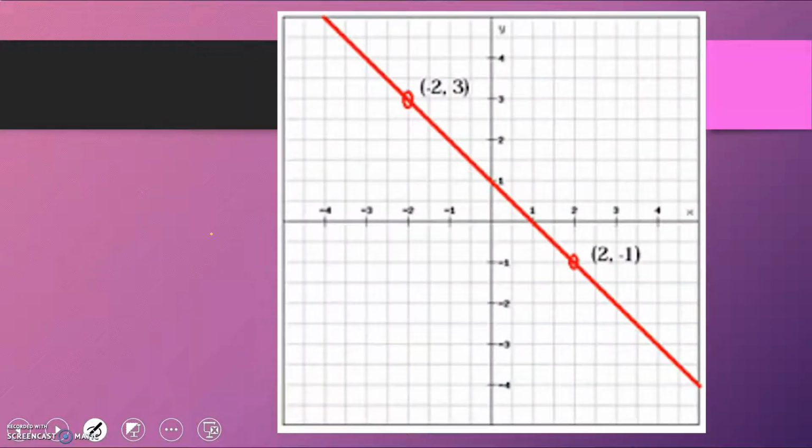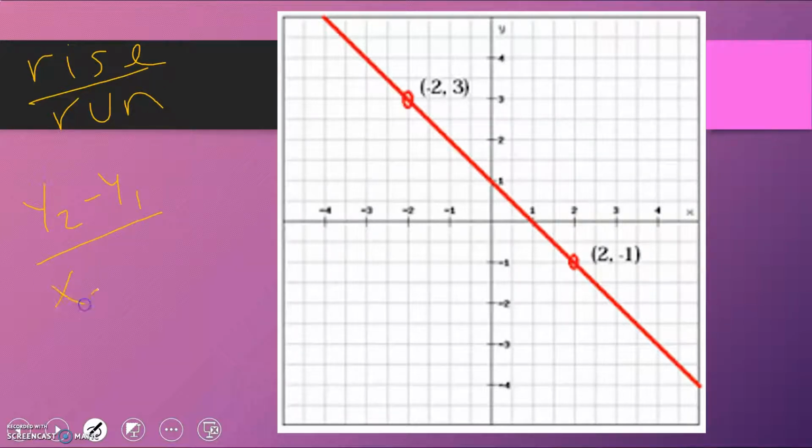All right, for this line, you can still do rise over run, or you can do the y2 minus y1 over x2 minus x1 method. Both will give you the same answer, and I will show you exactly how. So we have two coordinate points, and the coordinates are also listed.